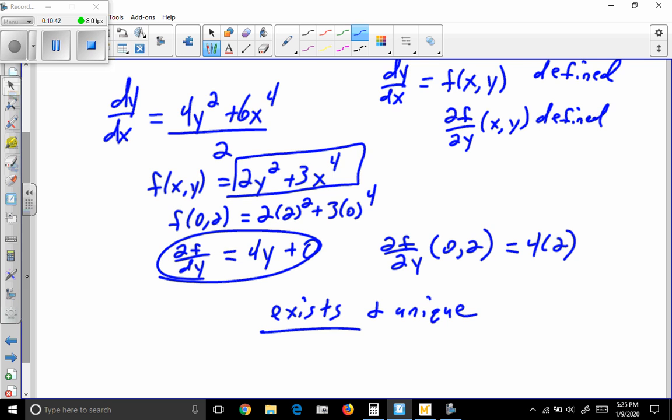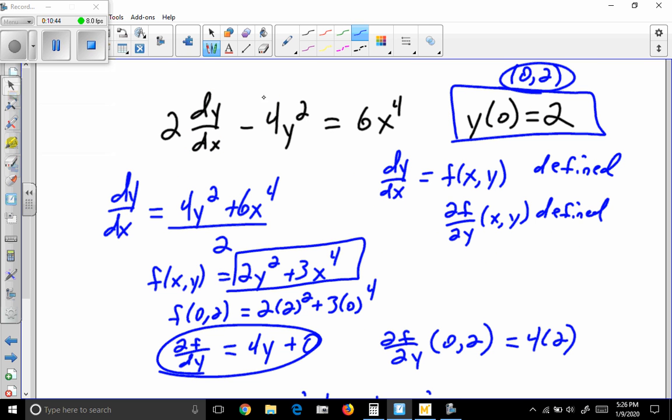So not only is there some equation that has this characteristic that twice the first derivative minus 4 times y squared equals 6x to the fourth, but given that initial value, there's only one curve that goes through that point.